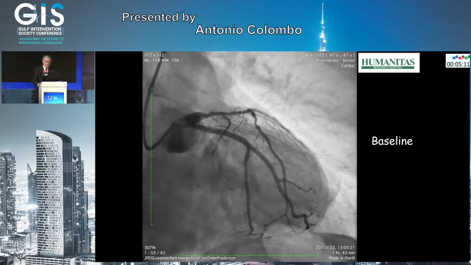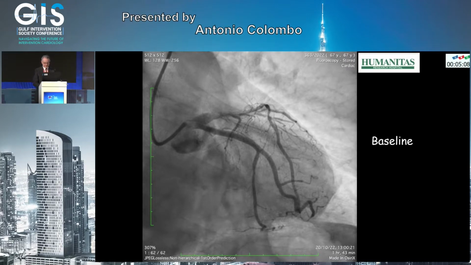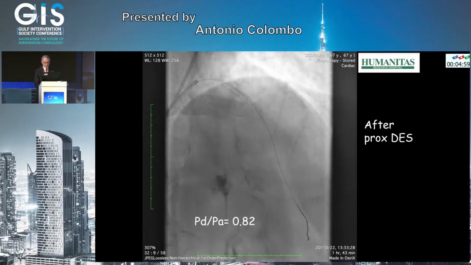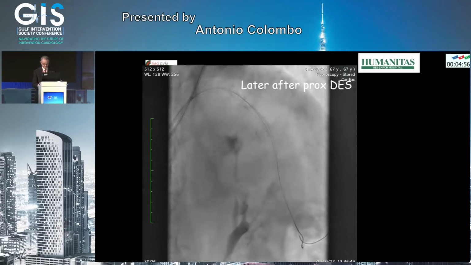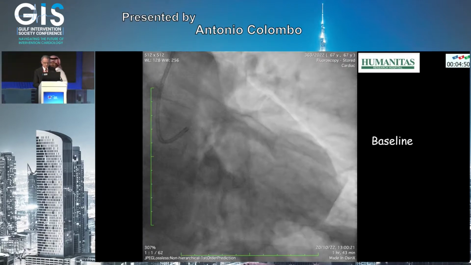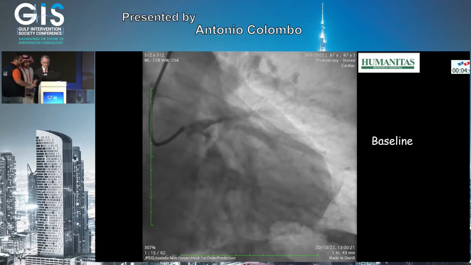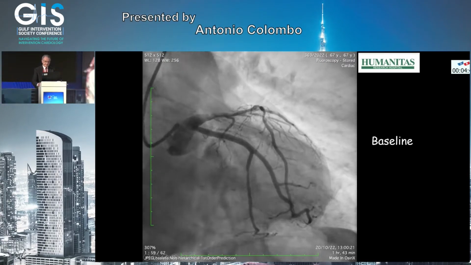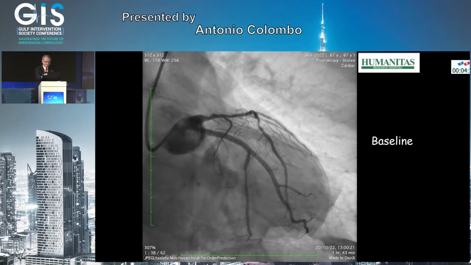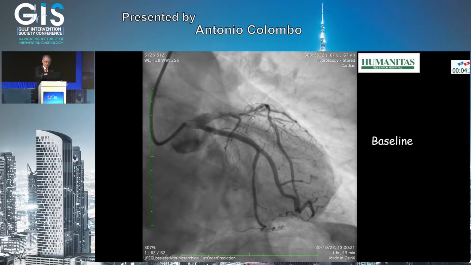This is an LAD lesion. Normally you would place a long stent, maybe a 38, and then another stent, or just stent from here to here.